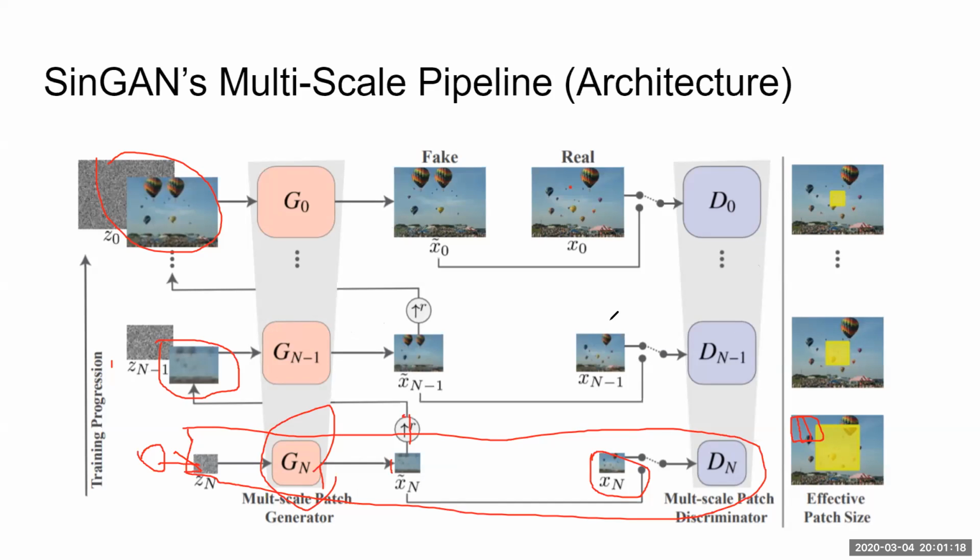On the lowest level, it learns the coarse-grained features, since the effective patch size is large relative to the image. As it goes upwards, the effective patch size becomes small relative to the image, and the generator learns fine details too. So at the lower level, the generator tries to learn coarse-grained features, and as it goes higher and higher, it learns finer and finer details. So that's basically the architecture.